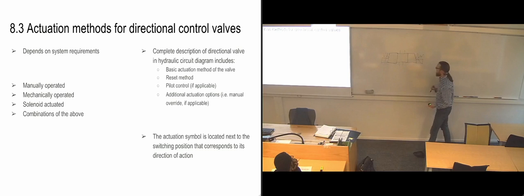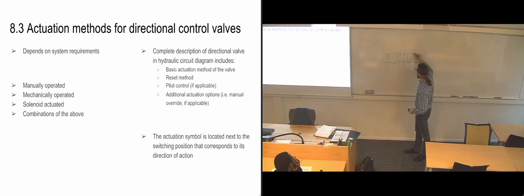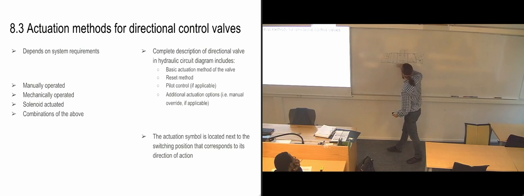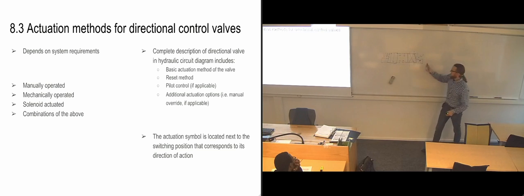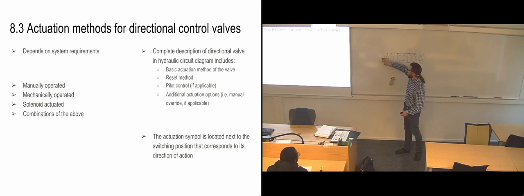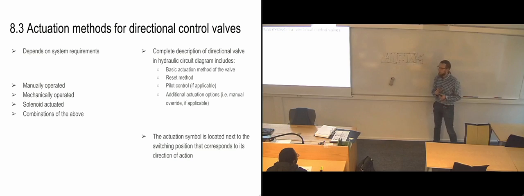So if we activate this solenoid, then it's this switching position that's going to be engaged. In the previous case, we had closed off in the middle, and we had cross flow on that one, and we had direct flow on that one. So if we put electric current on that solenoid, it's going to switch over to this one. So then we are going to get our ports connected over here instead, as long as we are putting electricity onto this one. And if we put electricity onto this solenoid instead, we of course are going to activate this switching position.